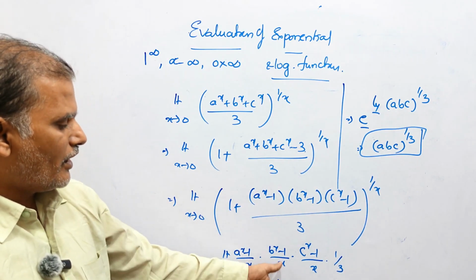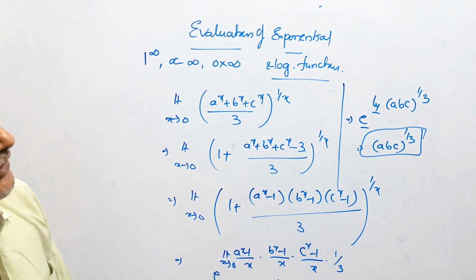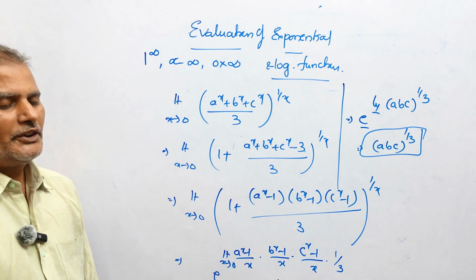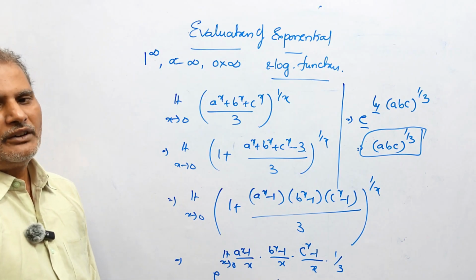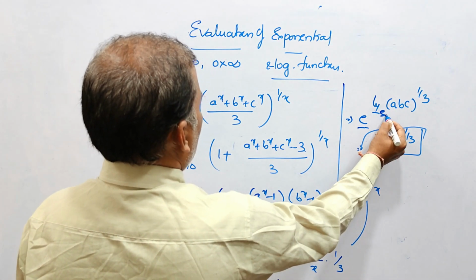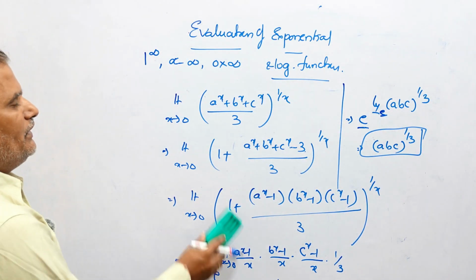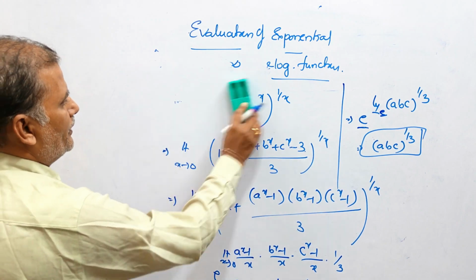This is log a, log b, log c. Now the power is taken to that side, log abc power 1 by 3. The answer should be abc power 1 by 3, because log e will be there and both the bases are same. This is also a very important problem.